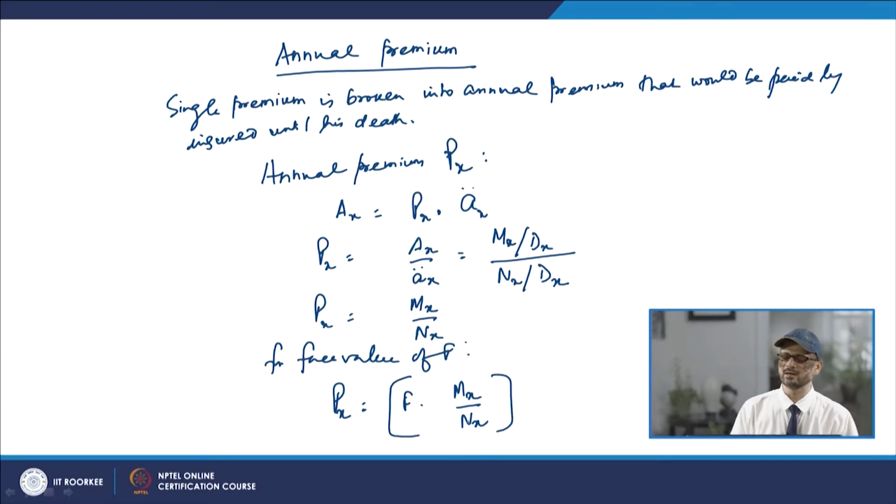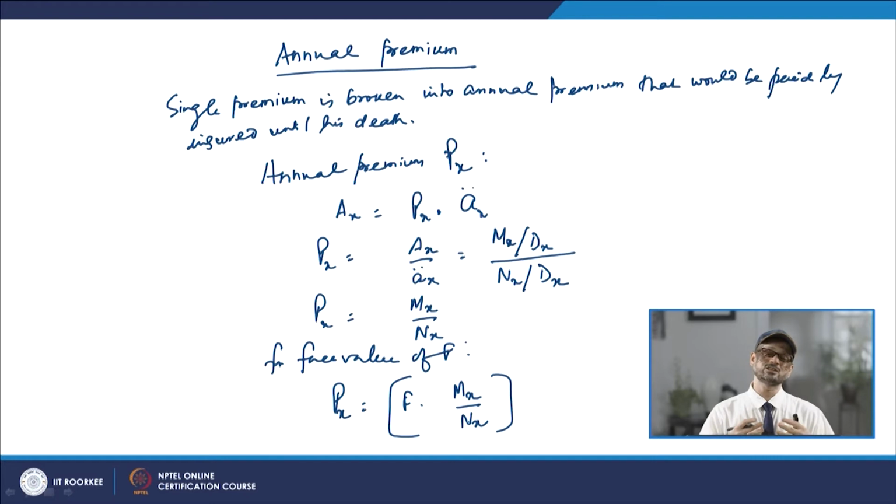Earlier, when you had to calculate the single premium, it was Mx by Dx, whereas for the annual premium you will be calculating with the factor Mx by Nx, and that will be multiplied with the face value. Suppose for the previous problem the single premium value was coming close to 56,900 or so.